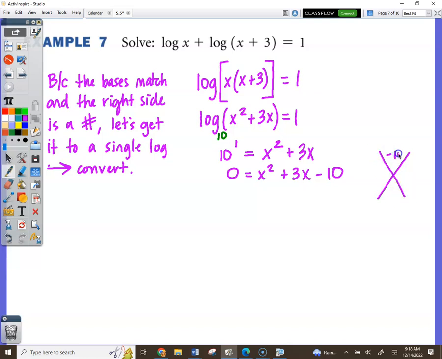Yes. Factors of negative 10 add up to positive 3. You got 5 and negative 2. Is A 1? If A is 1, you can go straight to your parentheses. You don't have to worry about something dividing out.